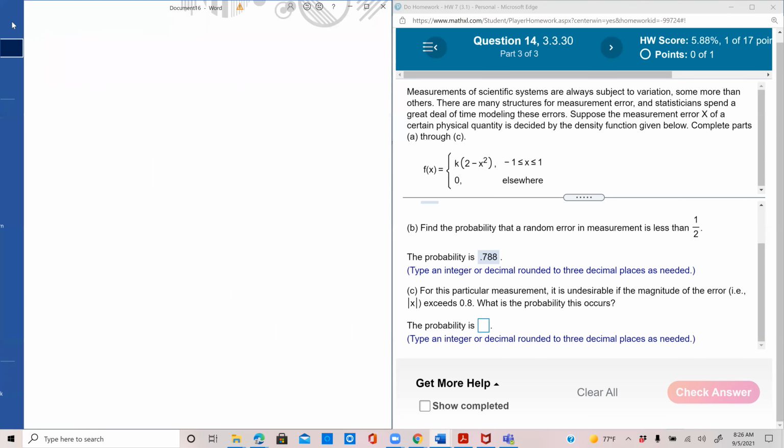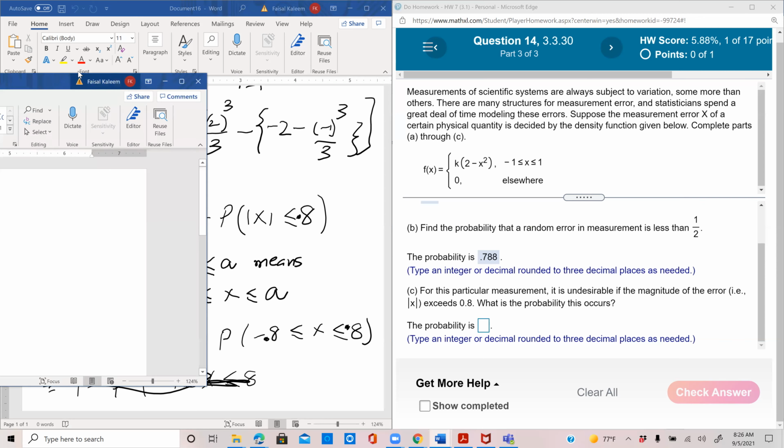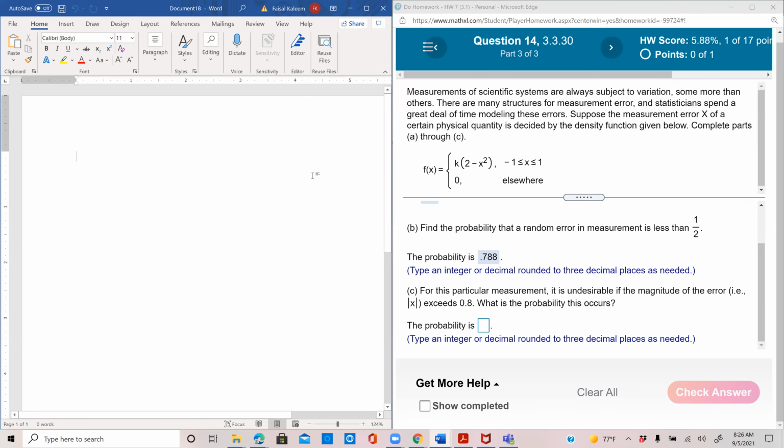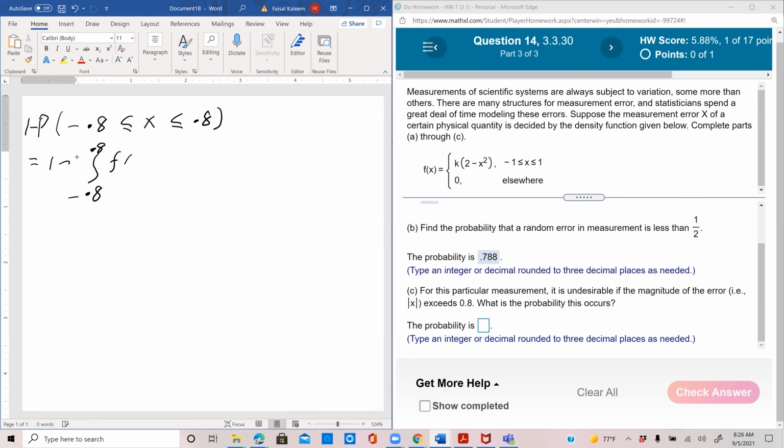So now let's open another window. So we are after the probability x is between negative 0.8 and 0.8, or 1 minus that. So this would be 1 minus the integral from negative 0.8 to 0.8 of f(x) dx.